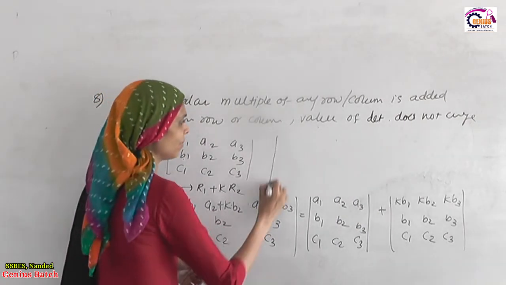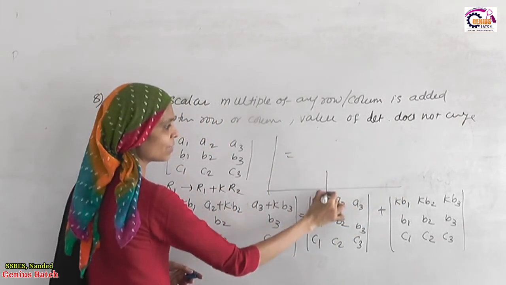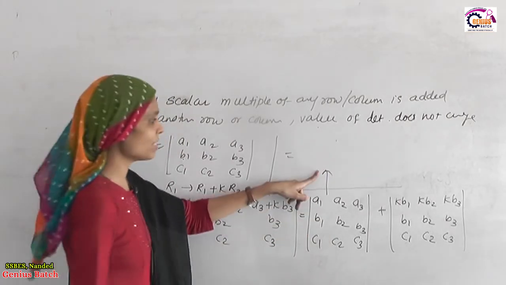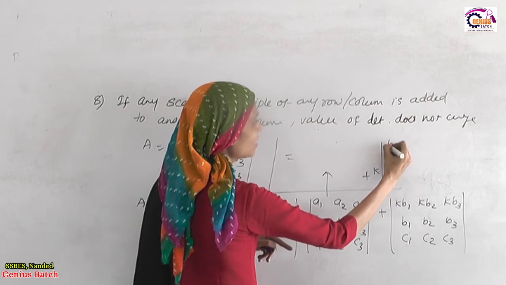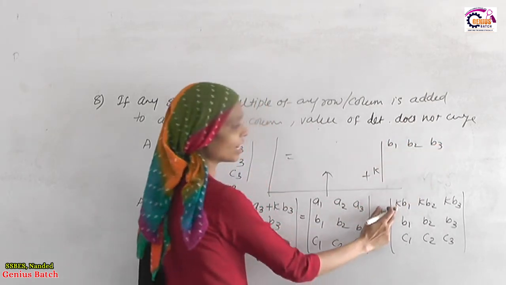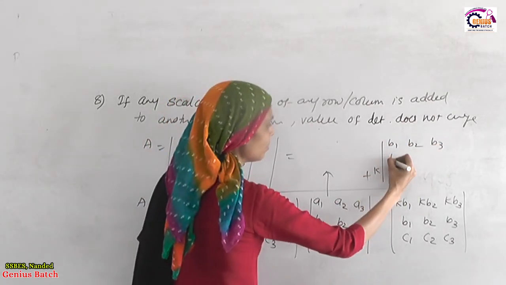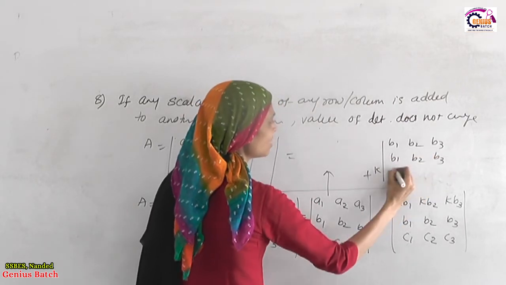So I will write it here. This determinant remains as it is, but I can take k common here and I can write this as B1, B2, B3, taking k common from the first row, B1, B2, B3, C1, C2, C3.